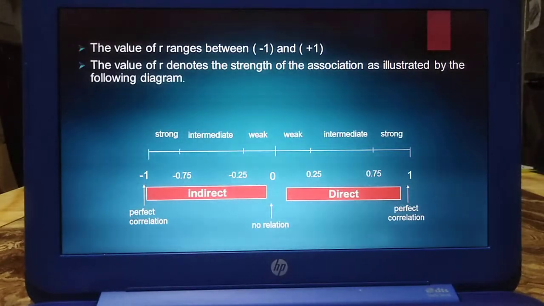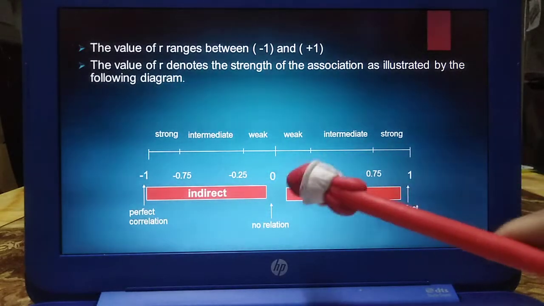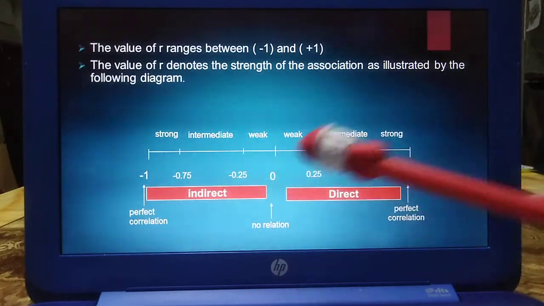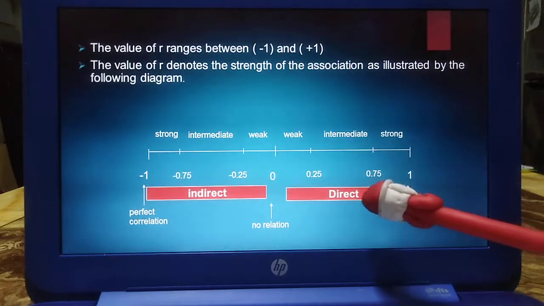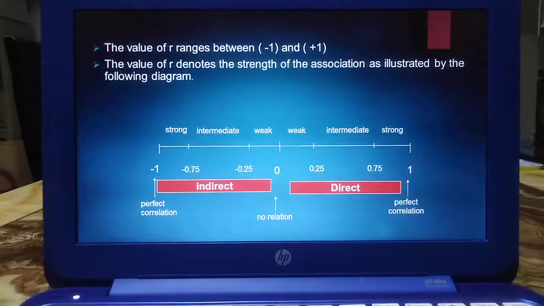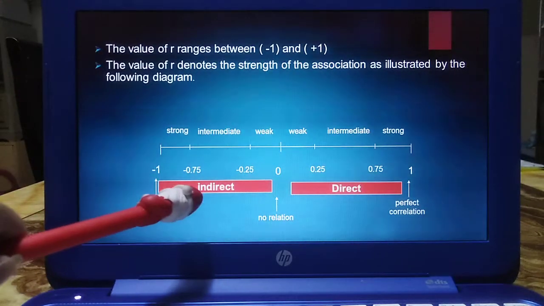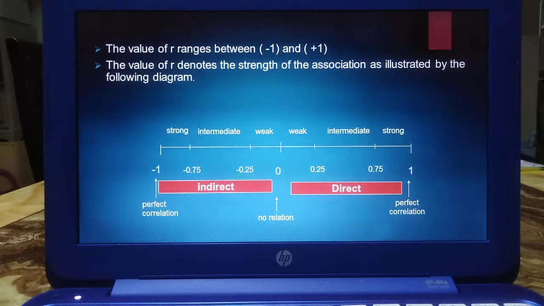So this is now our line wherein we show the values of our correlation coefficient. This is our 0. From 0 to +1, we have a direct relationship. From 0 to -1, we have an indirect relationship.